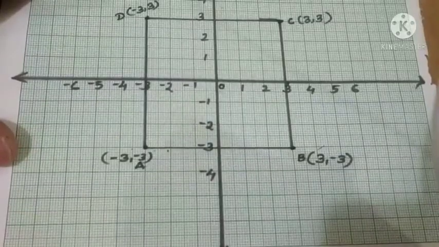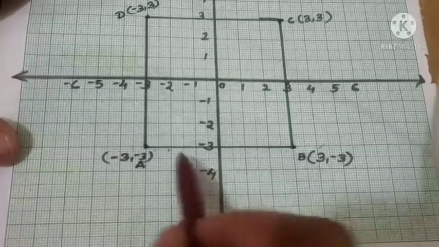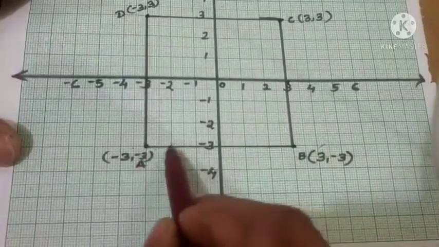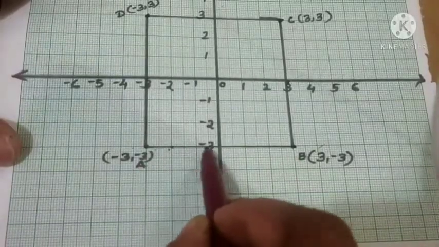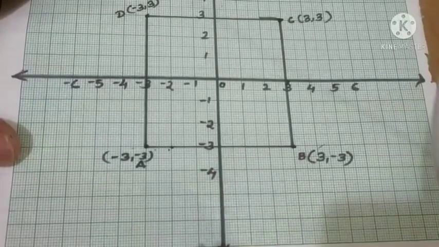So AB is equal to 6 units only. From the figure we can count AB, we have joined, 1, 2, 3, 4, 5, 6.